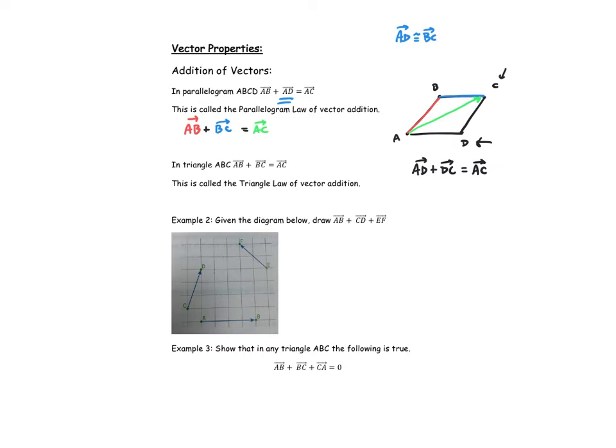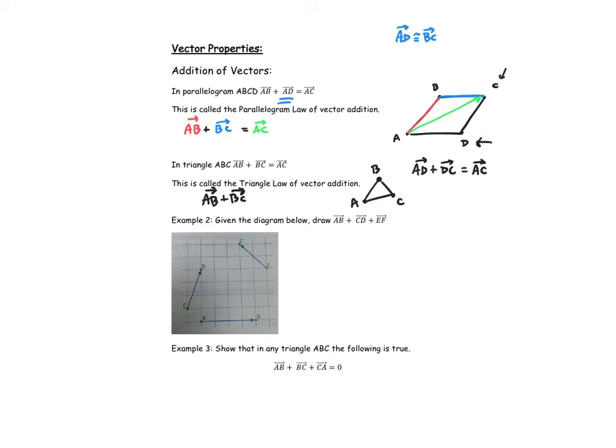Okay, the triangle law, very similar. Say I have a triangle. This is a little bit more basic, but let's say I have a triangle ABC. I can get to C a couple different ways. Well, I guess two ways, but if I want to write the vector AC, I could write it as AB plus BC, right?